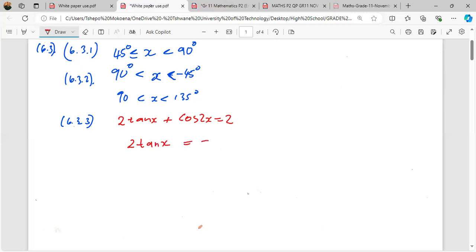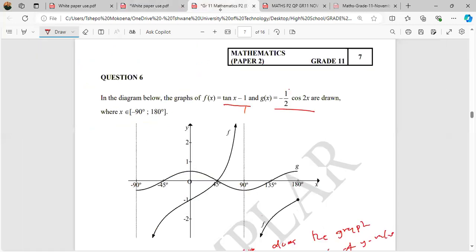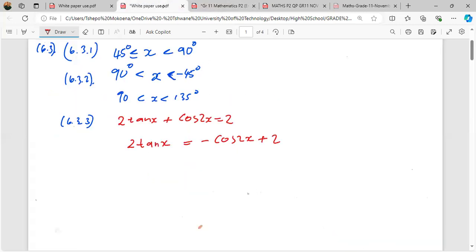So I'm going to have negative cos 2x plus 2. You see? And therefore, what am I going to do? Already, remember, my aim is to have, oh, let me do this. I think I'm manipulating it wrong. I didn't do anything wrong. I was just manipulating it wrong.